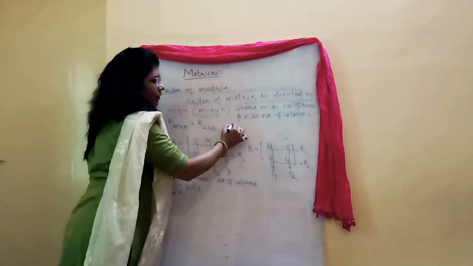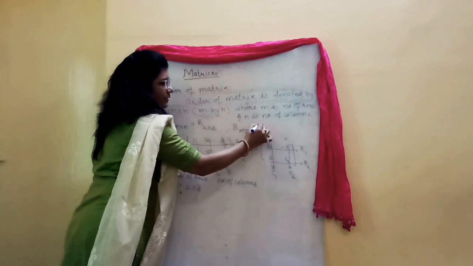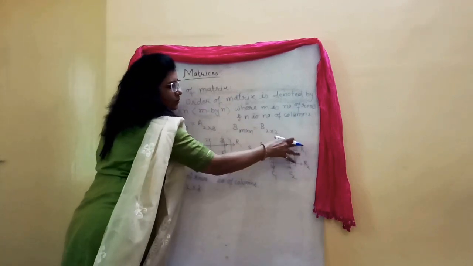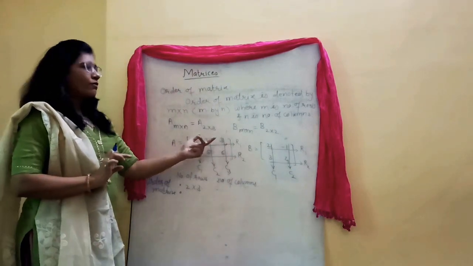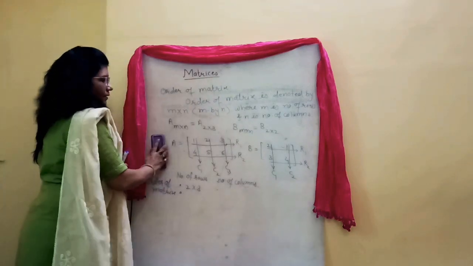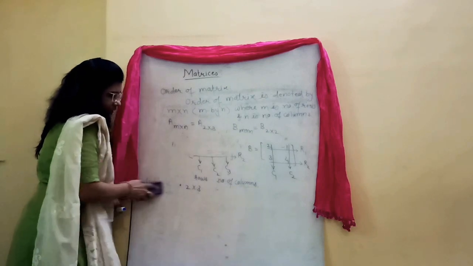And what is the order of matrix B? B, m by n. So what is it? B has 2 rows and 2 columns. So 2 by 2 is the order of matrix B. So we are now going to see the orders of different matrices.